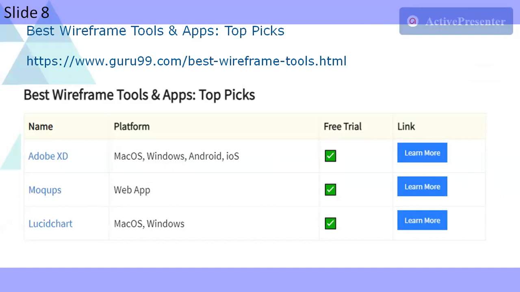If you click on the link I have provided here, the best wireframe tools page, you can go through that site and learn about the wireframe tool Adobe XD, then markups and charts. These are all available on this site. You just go through it and find out what exactly it is.